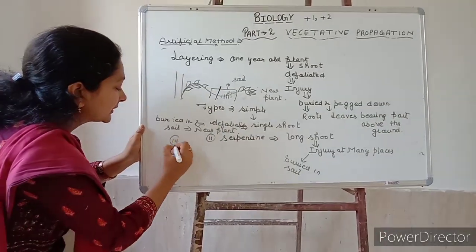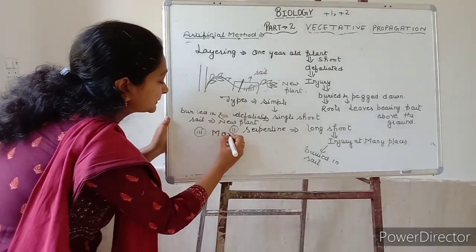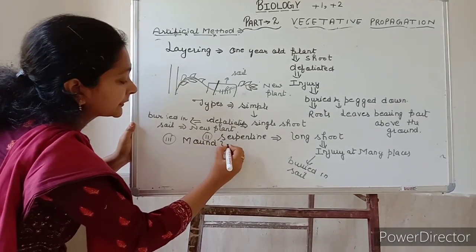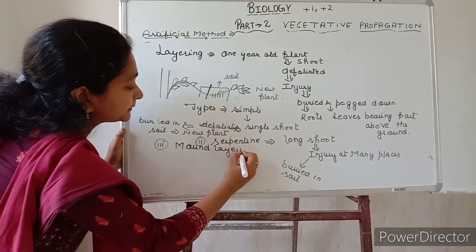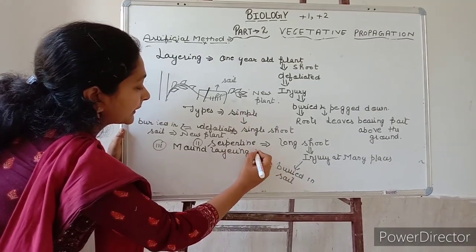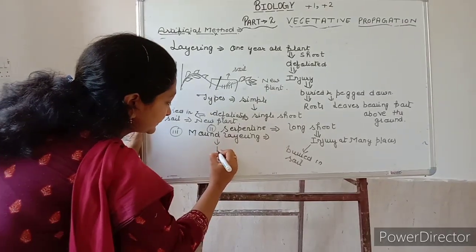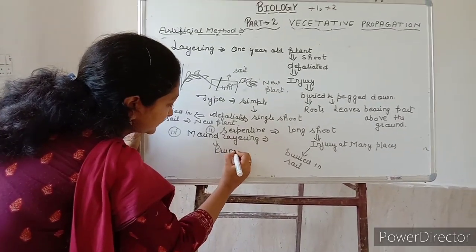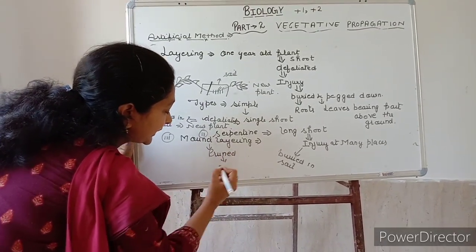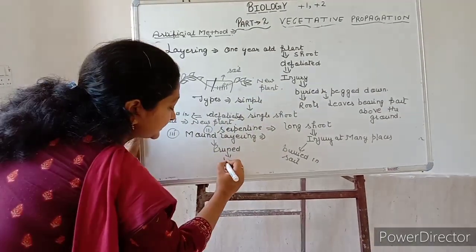Third type is mound layering. In mound layering, a plant is pruned. After pruning, it develops many shoots.